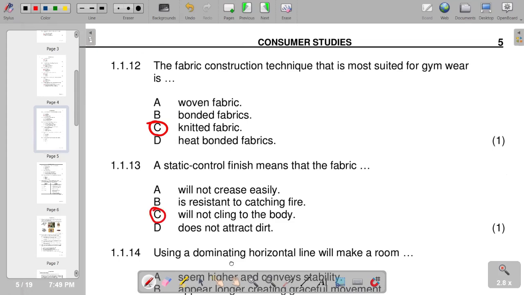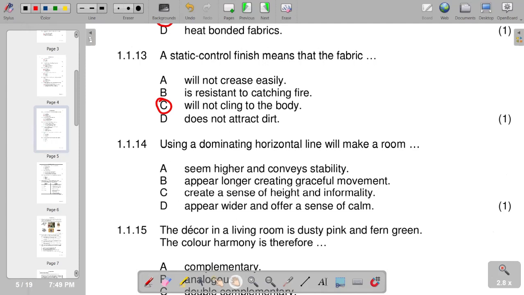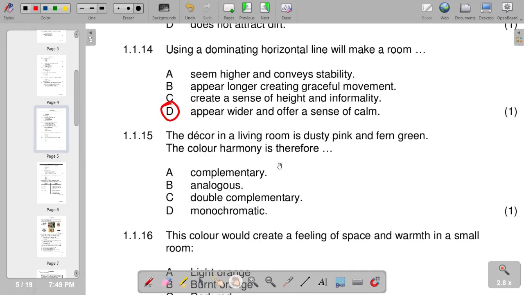Then we go to number 14. Using a dominating horizontal line will make a room appear wider and offer a sense of calm. And we go to number 15. The decor in a living room is dusty pink and faint green, and the color harmony is therefore. With the responses that we have, it is therefore complementary.